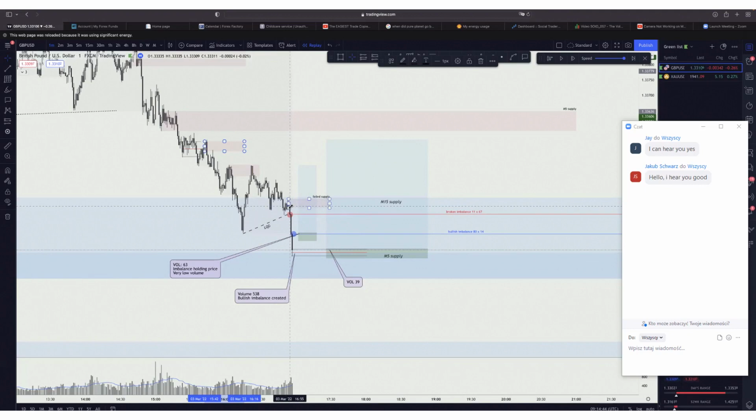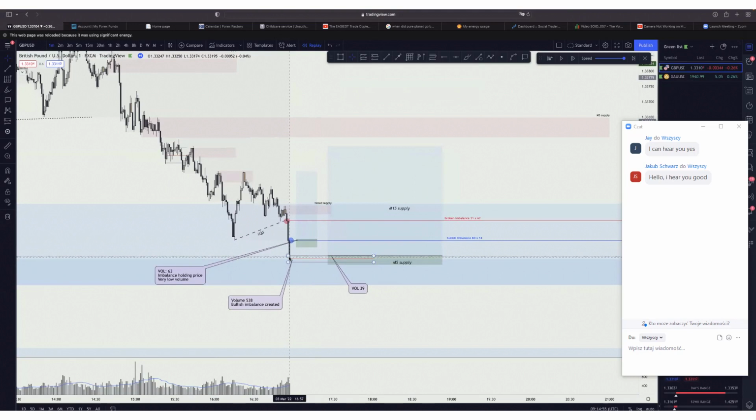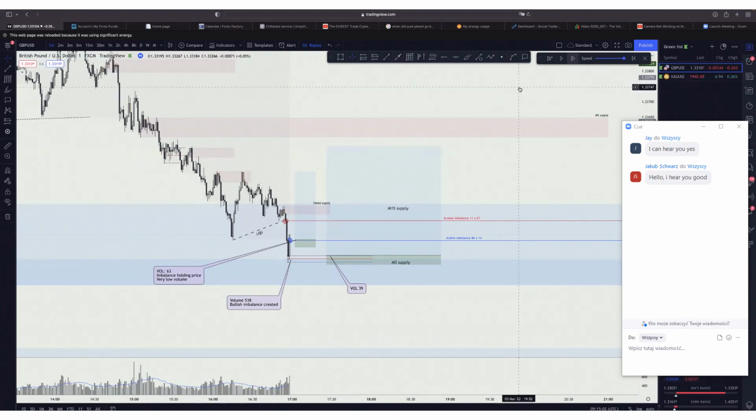We had a large push down with very high volume, and then if I just click forward one, we had a very large candle with very high volume, and it created bullish imbalance.